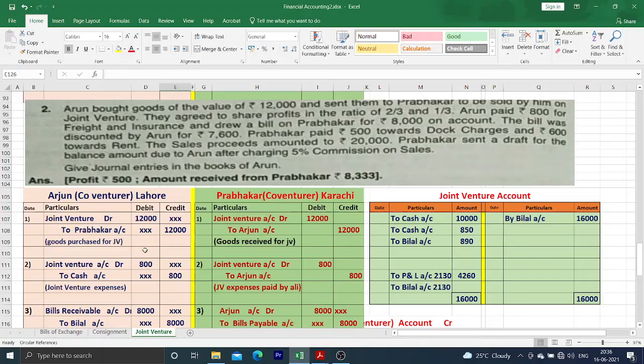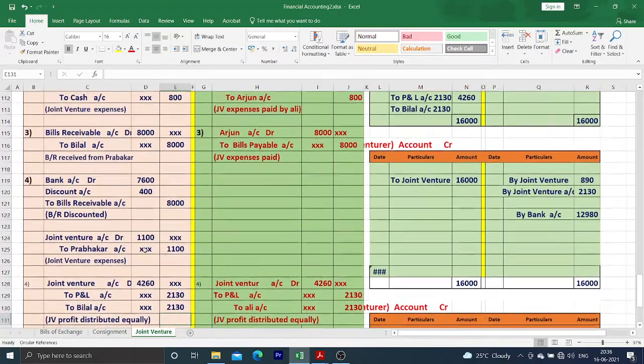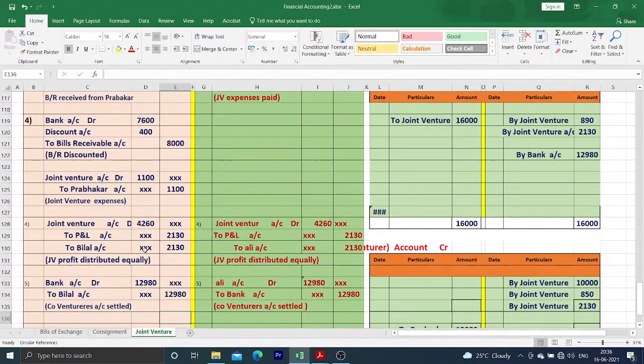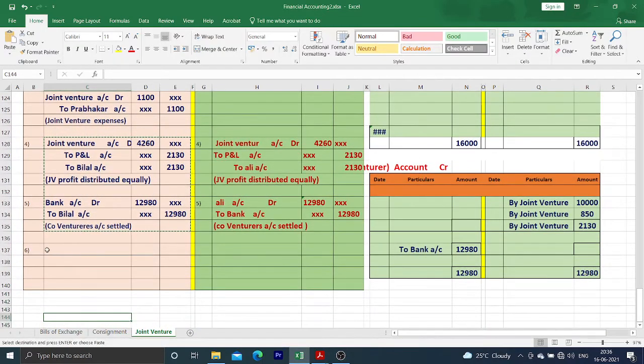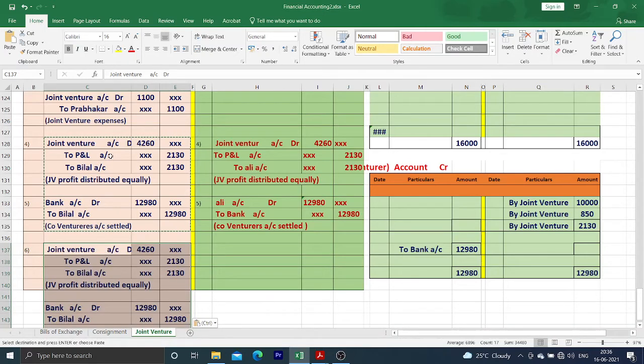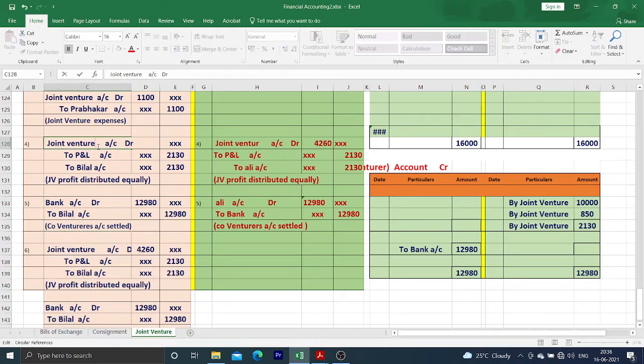So first, sales made by Prabhakar. Pass the journal entry. Cash account debit to joint venture account.